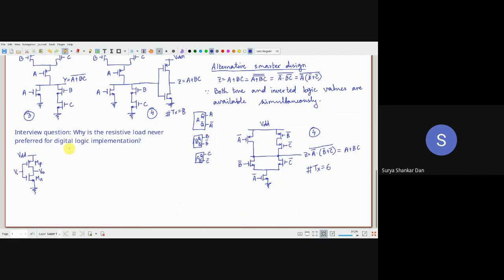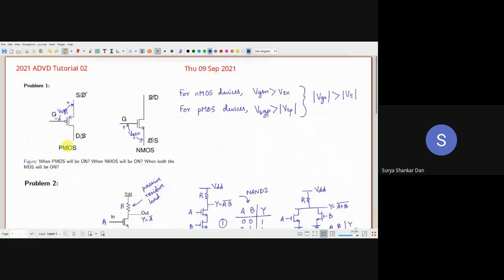Okay, so now if I want to find out the transfer characteristics, this is your VO, this is your VI. This is your 0. Notice that, as we have seen in the very first problem today, when will this NMOS be switched on? Only when VGSN is greater than VTN.